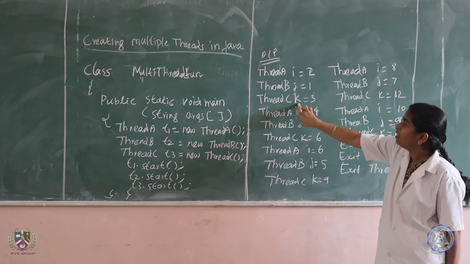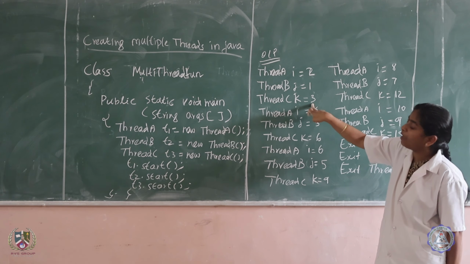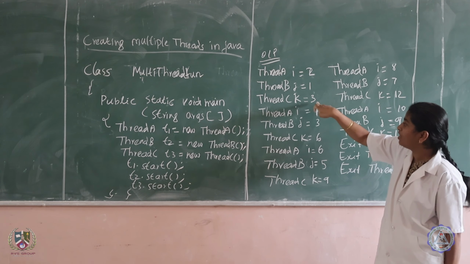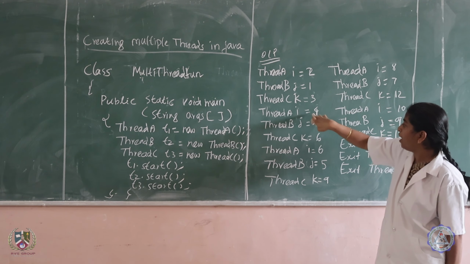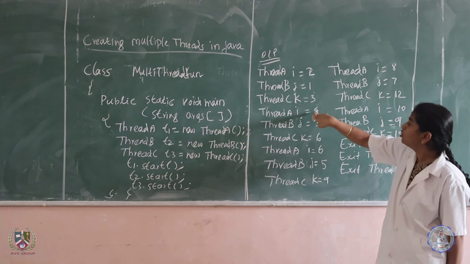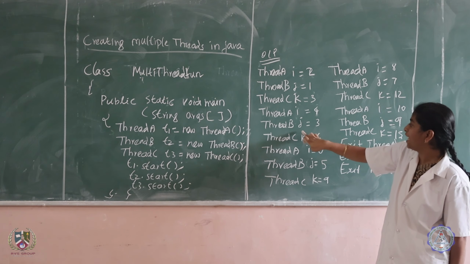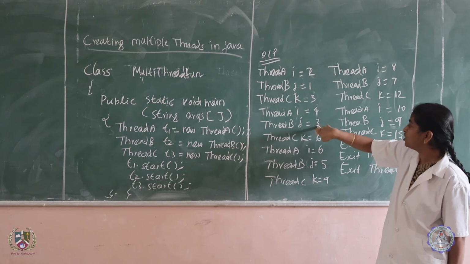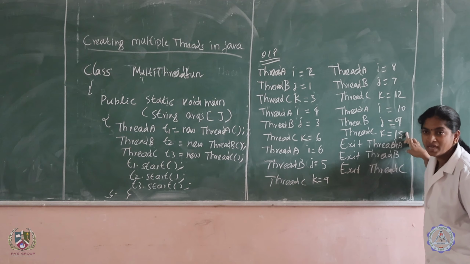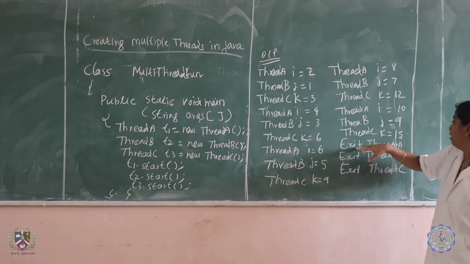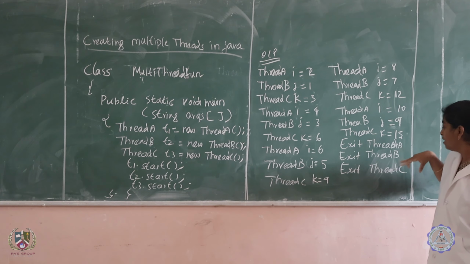Next, we multiply a number by 3, so first is 3. Next, even multiply by 2, so 2 into 2 is 4. Next odd number is 3. Similarly, we print the first 5 numbers, then exit thread A, thread B and thread C.